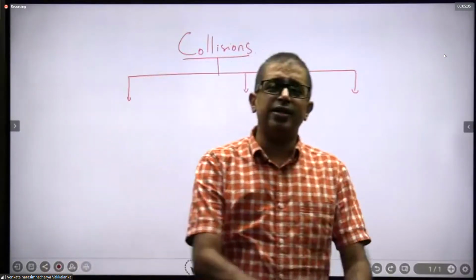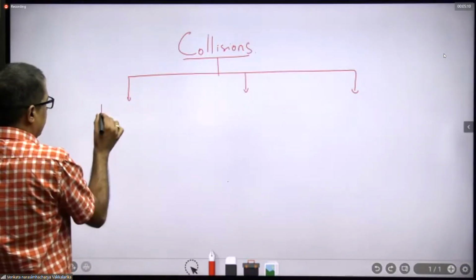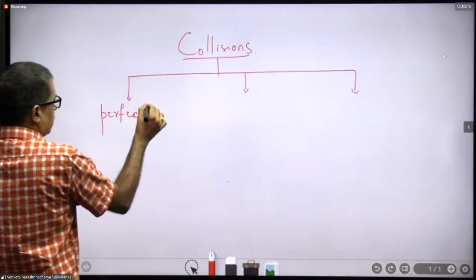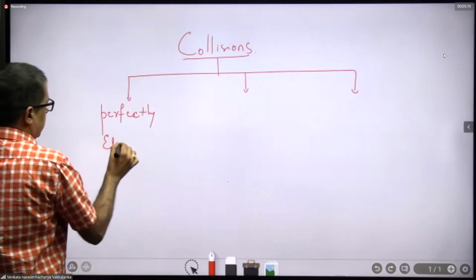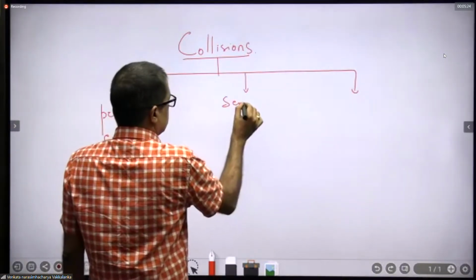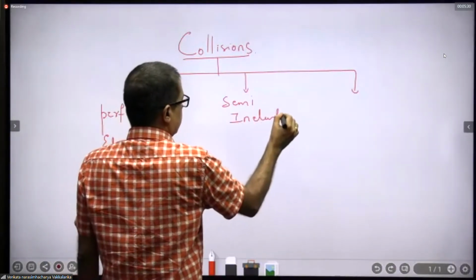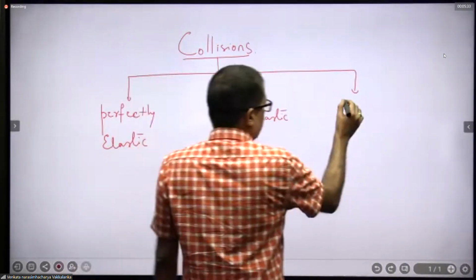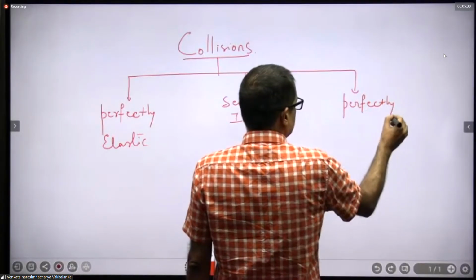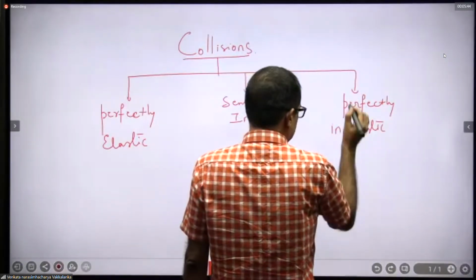A few very important things here. There are three types of collisions. One is a perfectly elastic collision. Semi-inelastic collision.